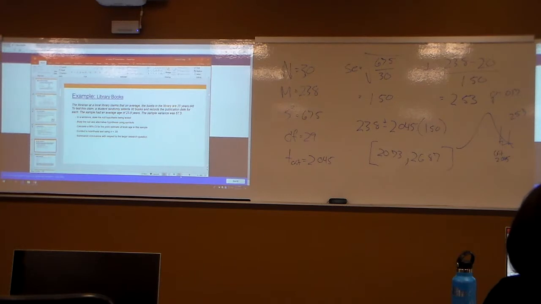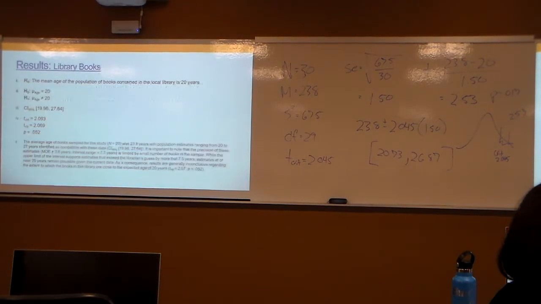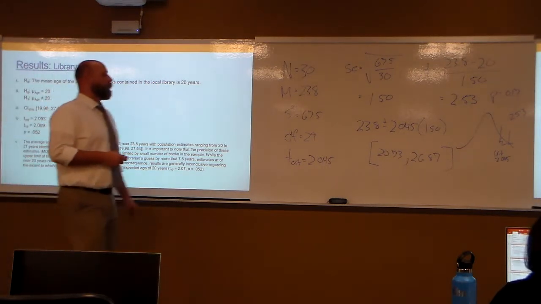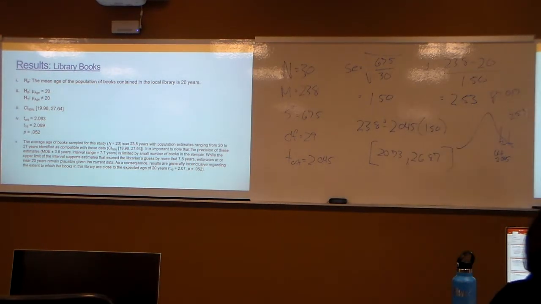Okay. And then wanting to summarize our conclusions. What I've done here is write this all out just so that you have it as an example. We've got the statement of our null hypothesis, right? Notice that we're talking about this in terms of population. When you're stating the null hypothesis, I do want you to focus on identifying the population.